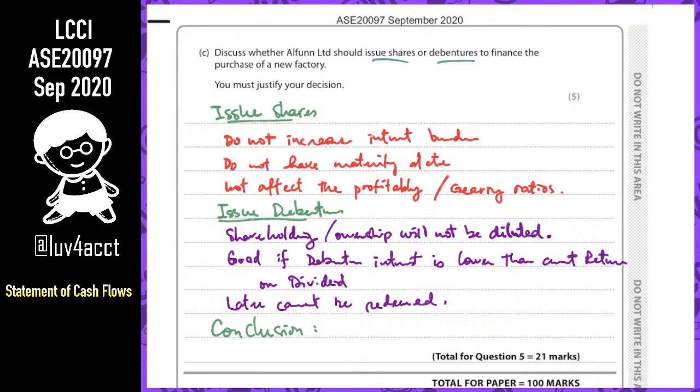Then all the profit afterwards goes back to the shareholders. So it depends on whether you are a shareholder or not, whether the company is currently making good profit, whether the market interest rate is good or not. It depends on so many things. To make a conclusion, you can conclude on either side. It doesn't matter. Just give one most significant reason to support it. Then you'll get the 5 points.